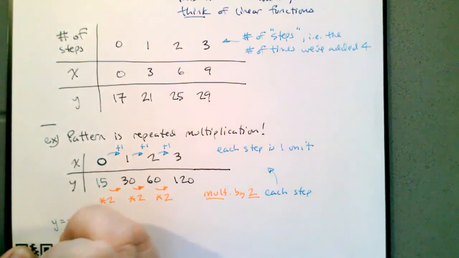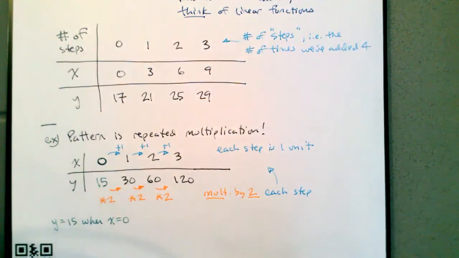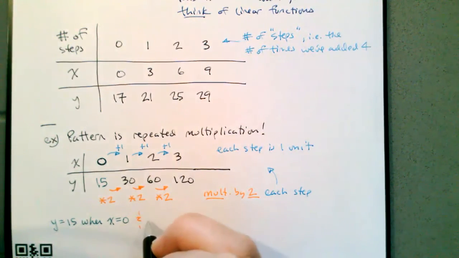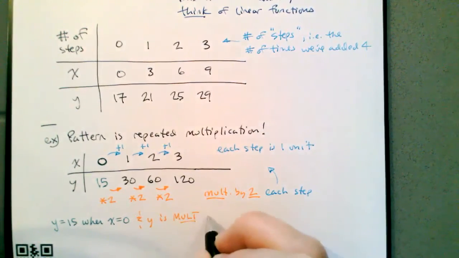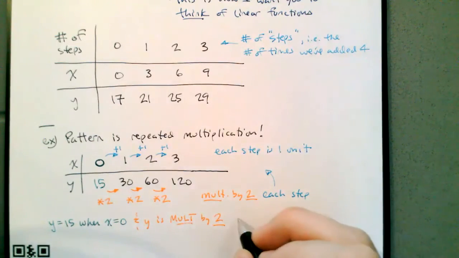y is equal to 15 when x equals 0. Starts off the same way we describe a linear function. Where do we start? Then the orange part is, what are we doing? But in this case, we're going to say y is multiplied by 2 every unit.